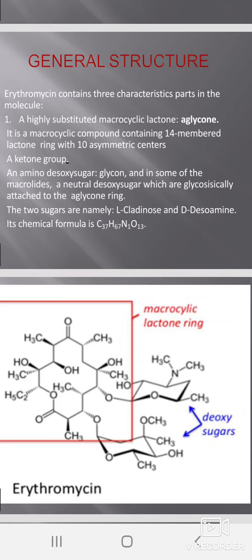It is a macrocyclic compound containing a fourteen-membered lactone ring with 10 asymmetric centers, a ketone group, and an amino desoxysugar, and in some of the macrolides a neutral desoxysugar, which are glycosidically attached to the aglycone ring. The two sugars are named L-cladinose and D-desosamine.